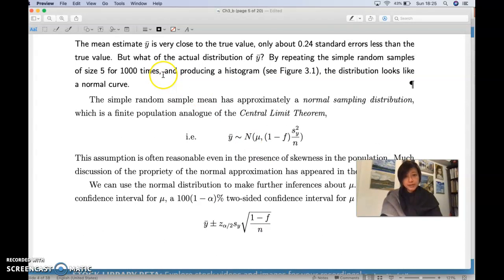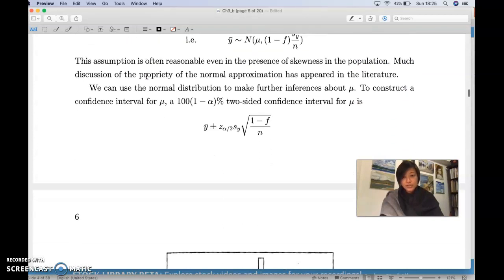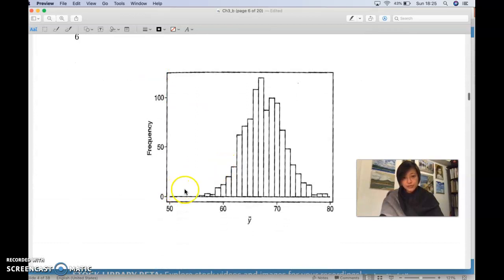So under the central limit theorem, if we keep repeating collecting simple random samples of size 5, let's say 1,000 times, we can construct the distribution of the sample mean.